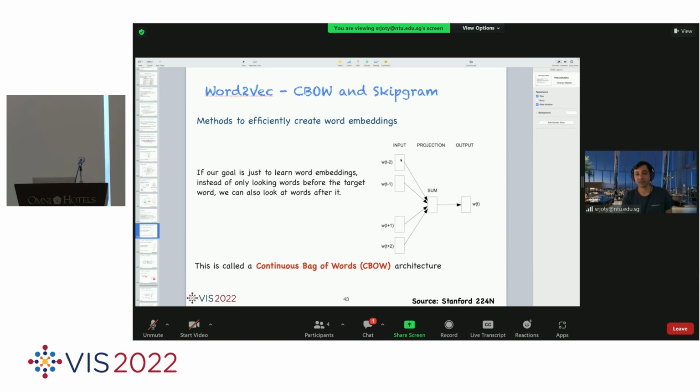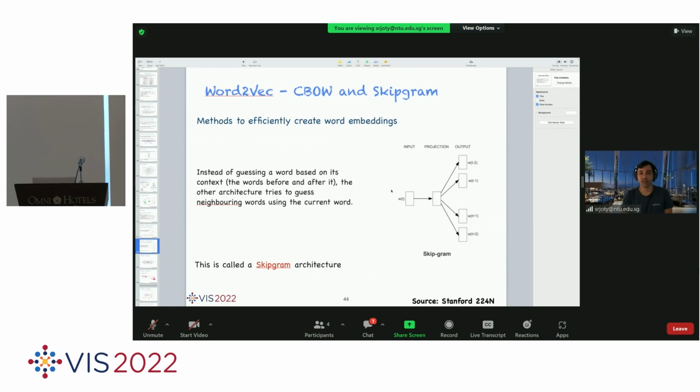We take the representation of each word from the word embedding matrix, sum them up, and use a softmax to predict the middle word. In this way you backpropagate the error in predicting this word and learn the word vectors, the word embeddings, and that is how CBOW Word2Vec works.